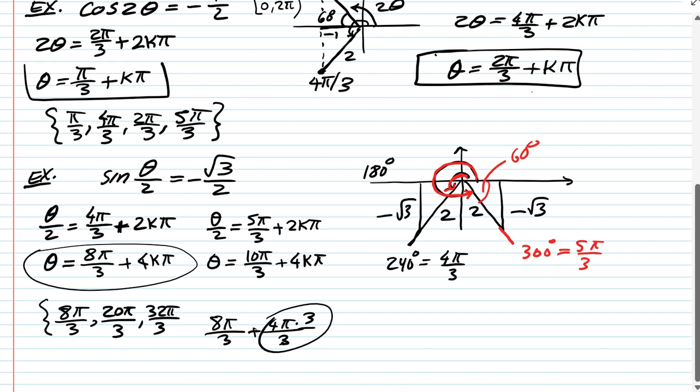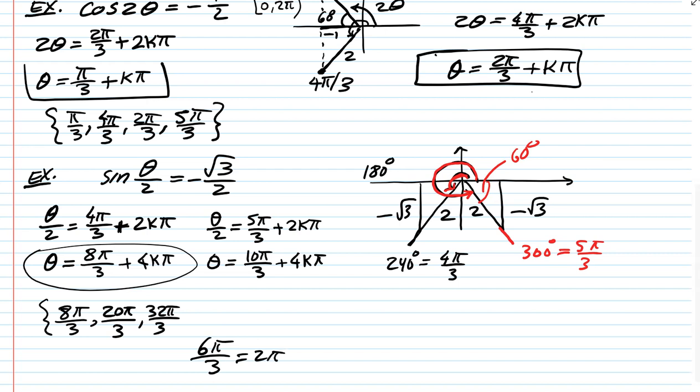Okay, I see what's going on. All of these solutions are actually greater than 2 pi, aren't they? Like 8 pi over 3, because 6 pi over 3 is 2 pi. But that's okay, because we want some solutions out of this. Otherwise, there will be no solution, and we do want this to have a solution. So forget the 0 to 2 pi for this example.